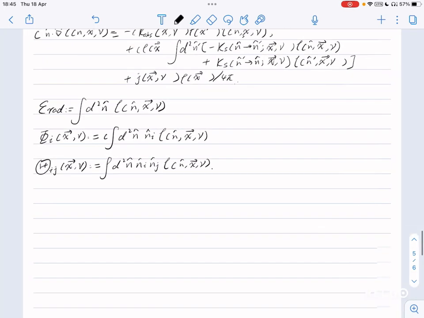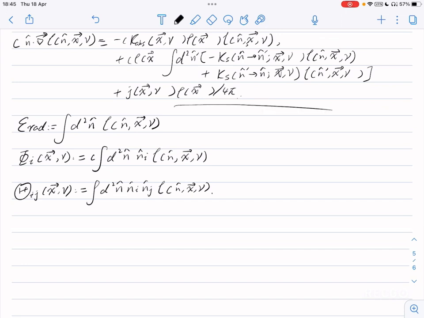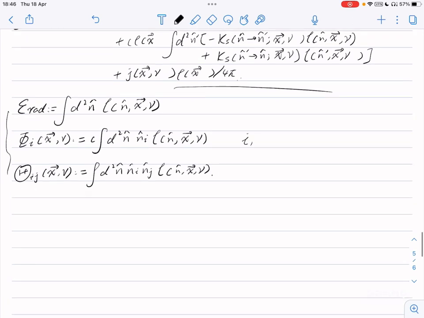We can use the above equation to derive the relations between these three fundamental quantities. Notice here that i, j, k are just the coordinates of a Cartesian coordinate system x, y, z.